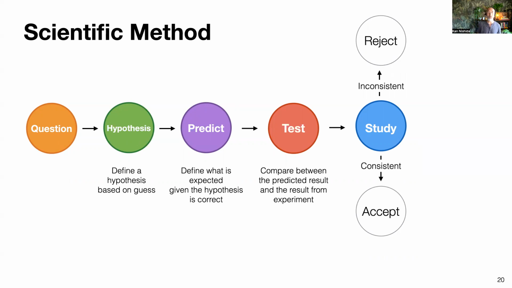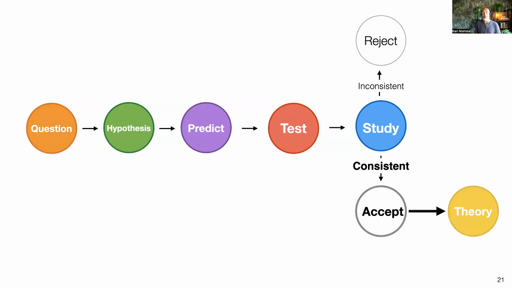Then you test in the real world. This is where you do some, quote unquote, experiment, right? And then you compare what you see in the real world against what you predicted based on the assumption that your hypothesis is correct. And then you see whether it's consistent or not consistent.